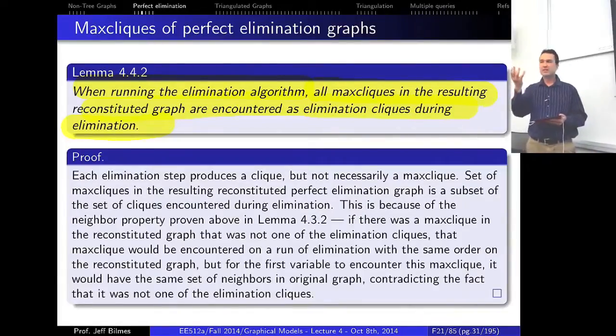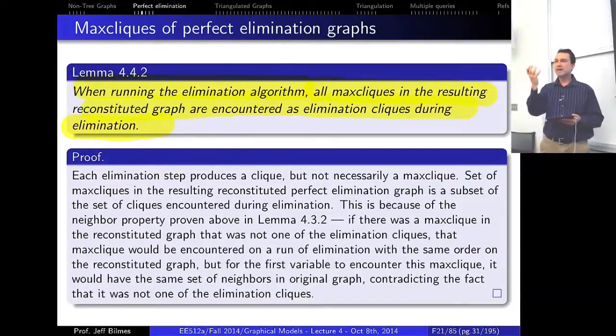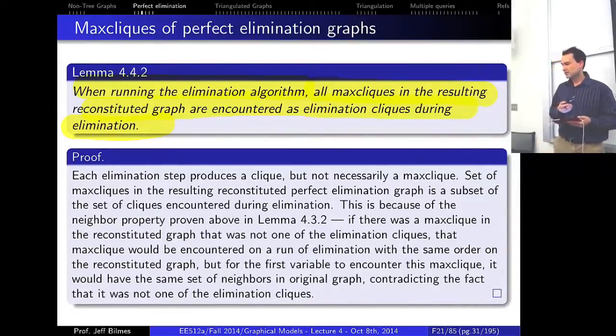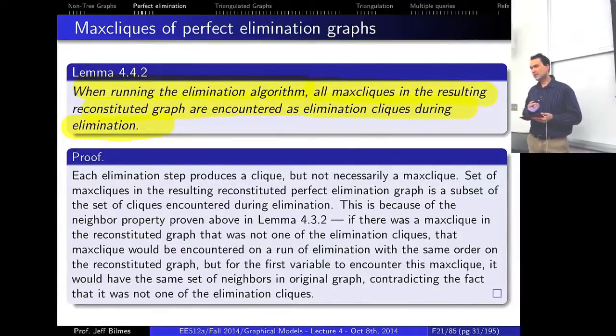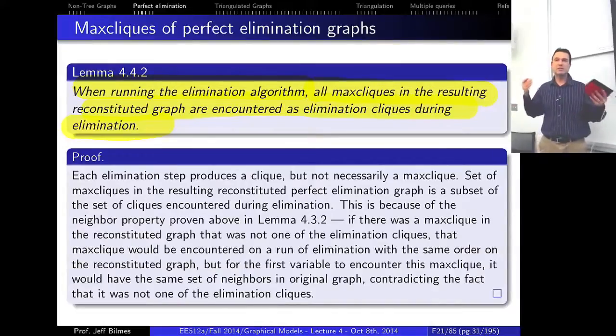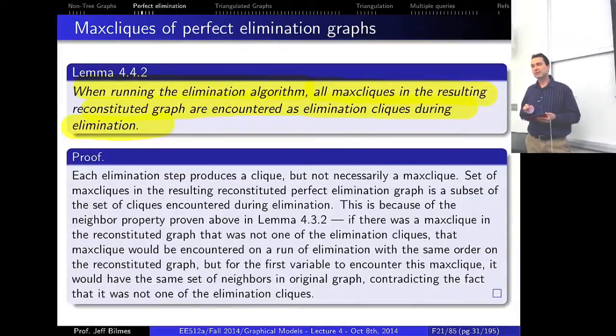Does that necessarily mean it's a max clique? And remember, a max clique is our name for a maximal clique. It's a clique that when we add any node to it is no longer a clique. It's not connected. So there's some vertex that's not connected to some other vertex in that bundle of variables. So then we run the elimination process, right? We get this reconstituted graph, which we know to be a graph that has a perfect elimination order, or perfect elimination graph.